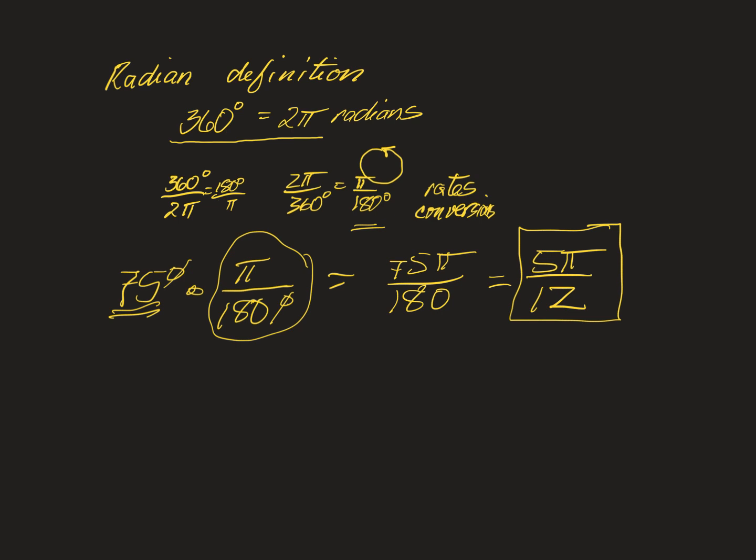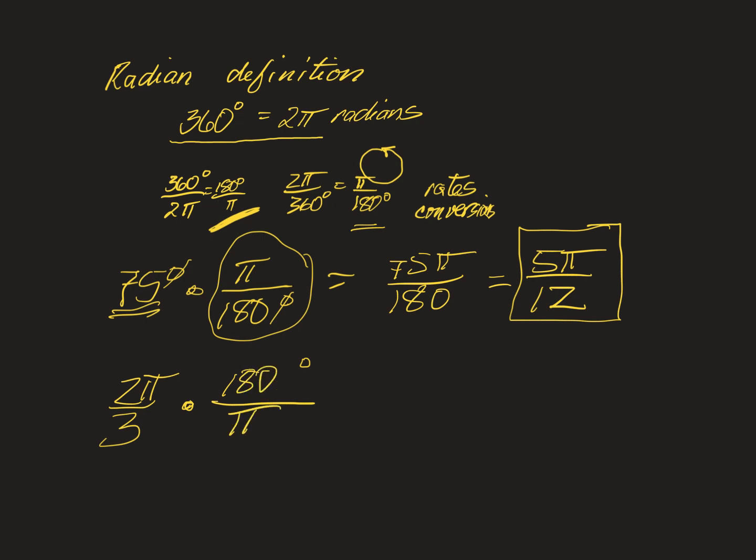In the same way, if you start out with radians, suppose I say I have 2 pi over 3 radians, okay? Then I want to multiply by the one that has degrees in the numerator and radians in the denominator, and that is this fraction right here, 180 over pi.